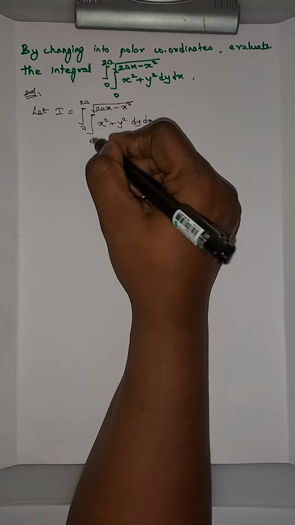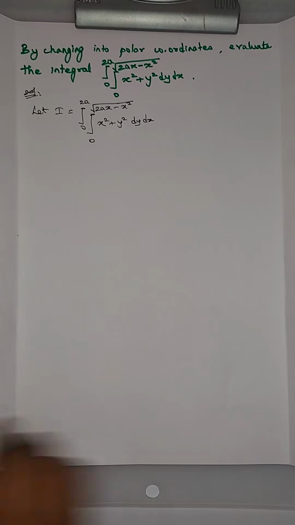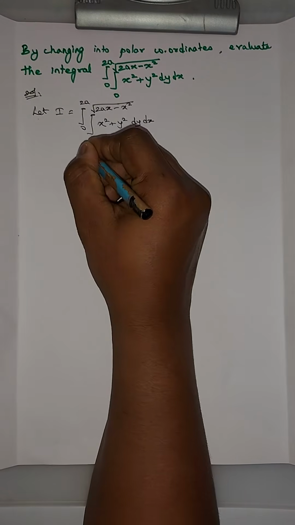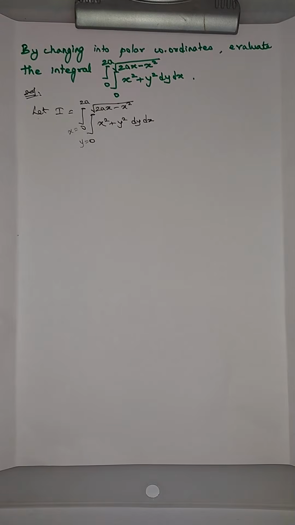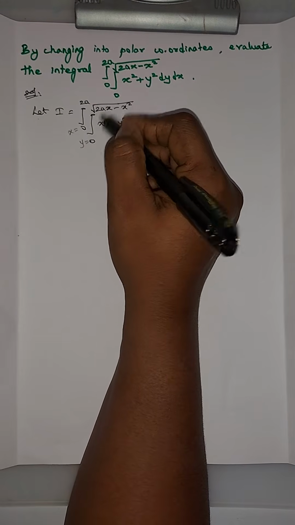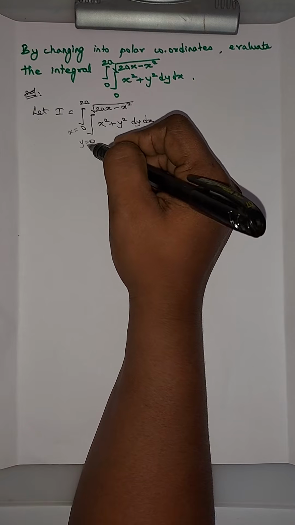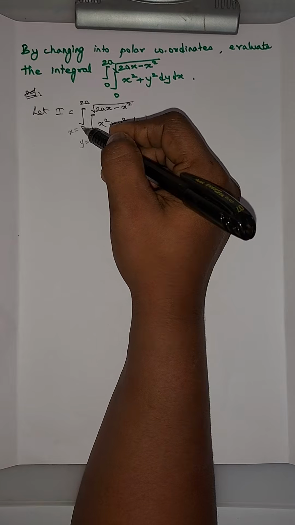Here the limit is given in terms of the variable x, which means that it is the limit of y. So obviously the other one becomes the limit of x.